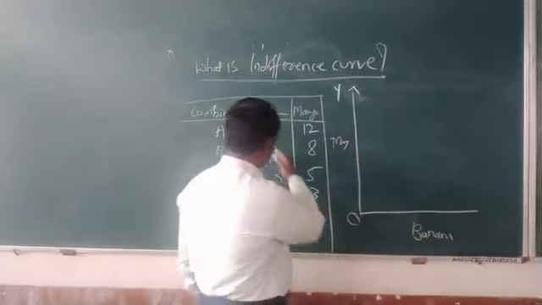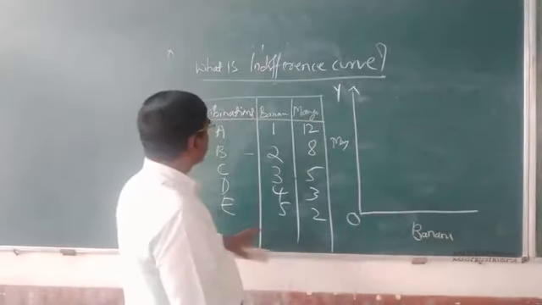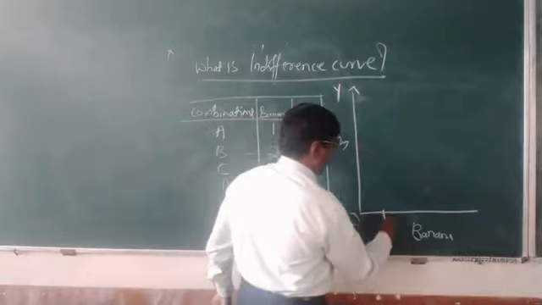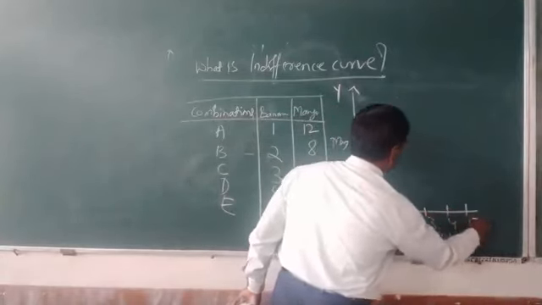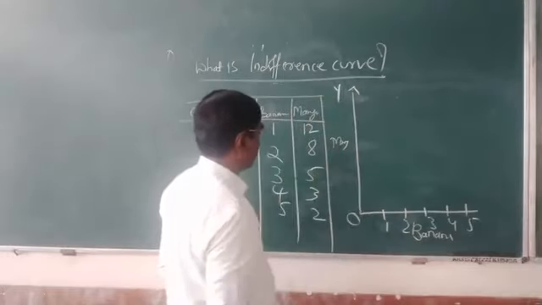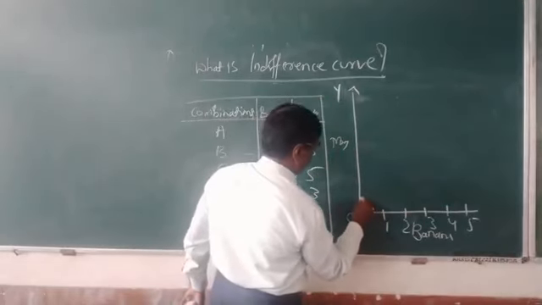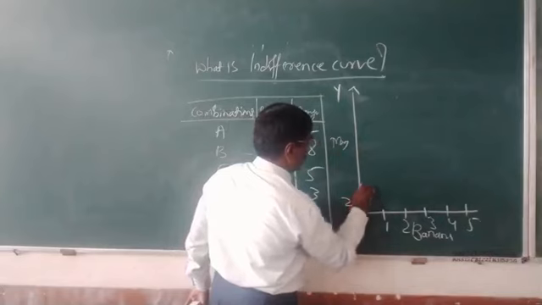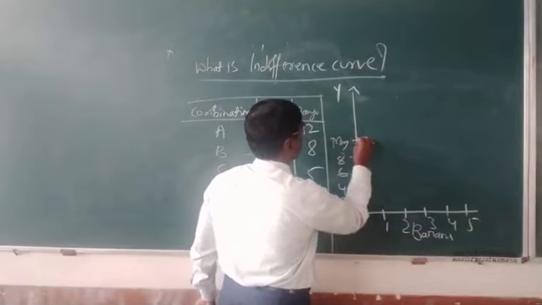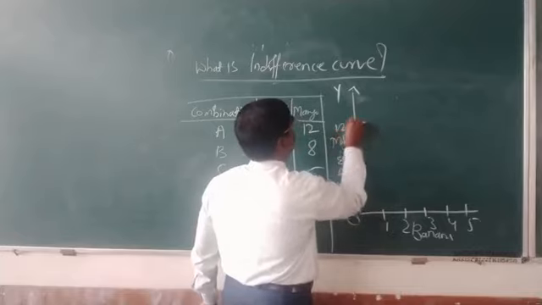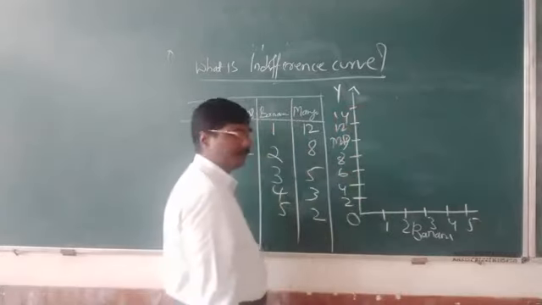In our example there are 5 bananas: first, second, third, fourth, fifth. And along this axis we measure 2, 4, 6, 8, 10, 12, 14 and so on.